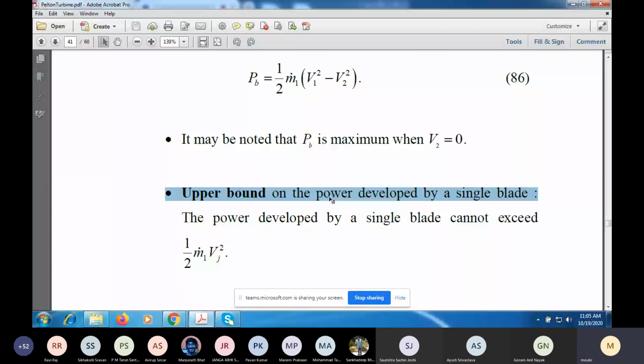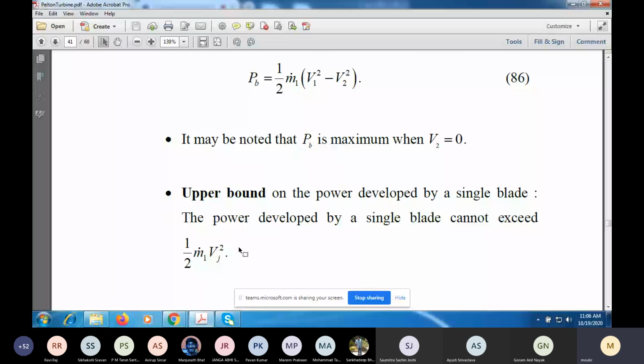You may not know the exact value of a quantity, but if you can find estimates of what can be the maximum value or upper bound, or sometimes the minimum value, then it's of interest. So obviously this cannot exceed half m1 dot v1 square because you're subtracting something. If v2 happens to be 0, then you get the maximum power. Okay. So power developed by a single blade cannot exceed half m1 dot vj square.